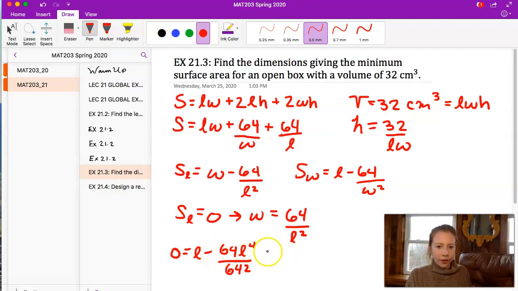So this is going to be the same as L minus L to the 4th over 64.